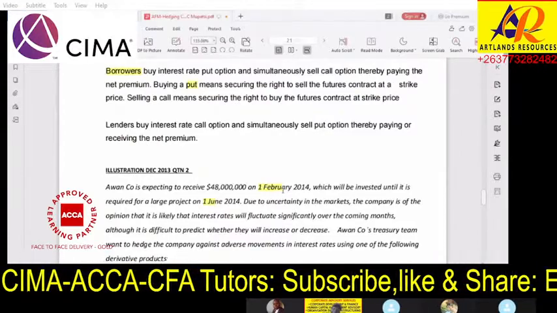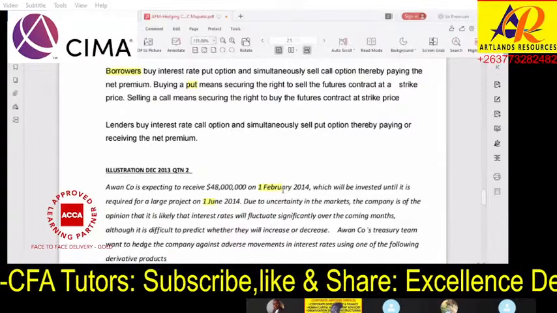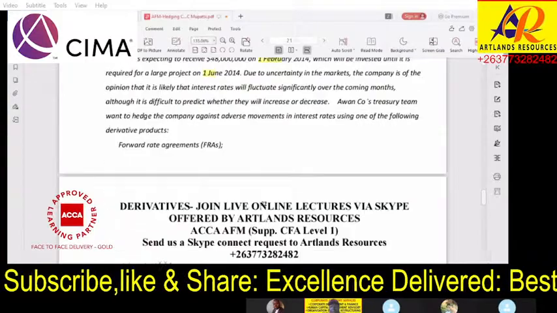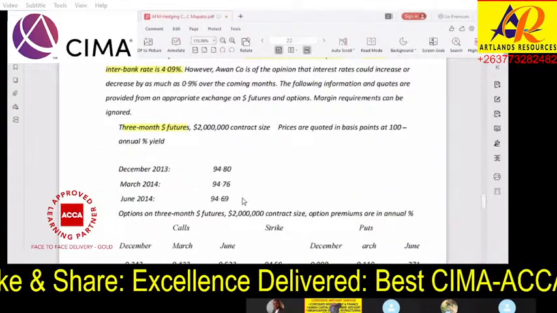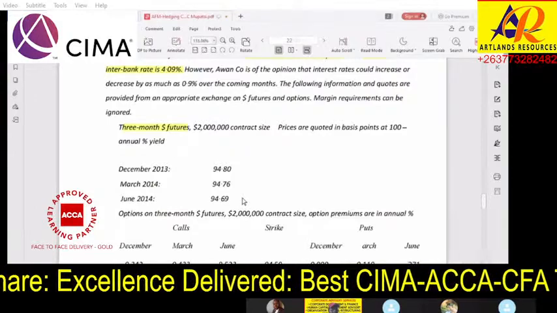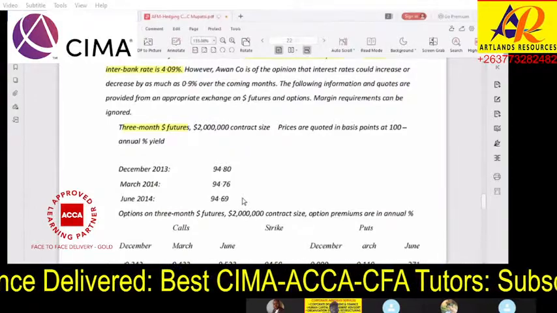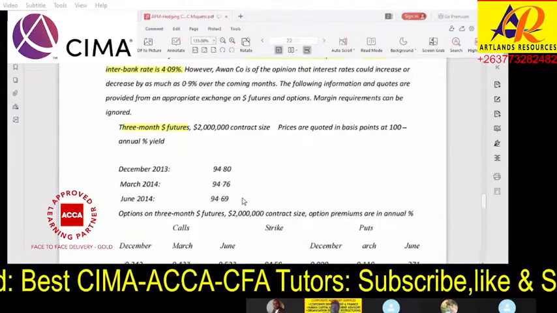So this is the period you are exposed. So if you are exposed up to 1 February, it means the futures to use are March futures. Because I said you use futures contracts which expire immediately after the exposure period. That's another thing. And what is exposure period?